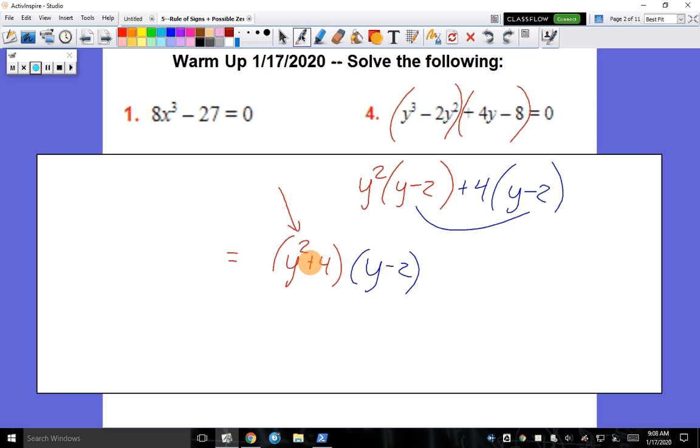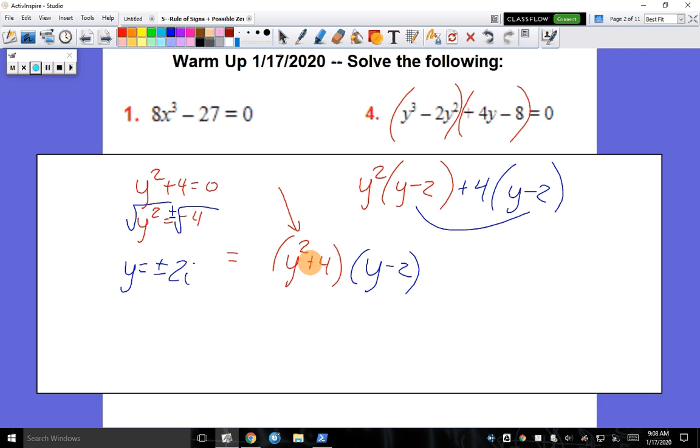And the way we did it in class is y squared plus 4 is equal to 0. I'd move the 4 over, and when I square root, I have to remember that plus and minus, so that I'd get plus and minus the square root of a negative 4, which is what? 2i. So you have a positive 2i and a negative 2i.